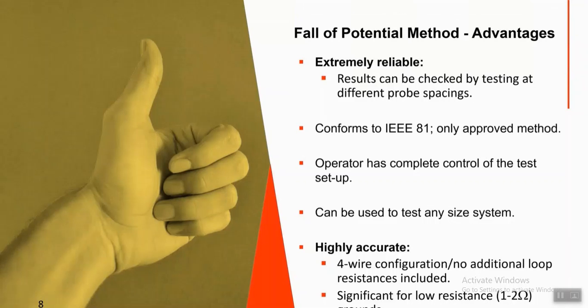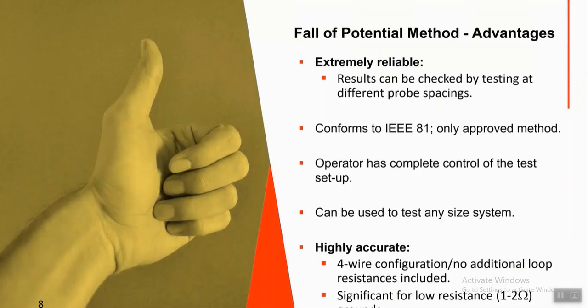So this is the fall of potential method. I believe it is very commonly used in the market, and this is the advantage information. I think the only method that conforms with the IEEE standard is the fall of potential method. So one of the advantages of this method is that it is more reliable and follows the international standard.